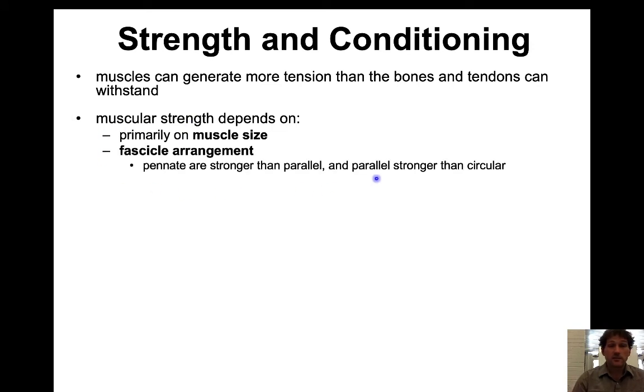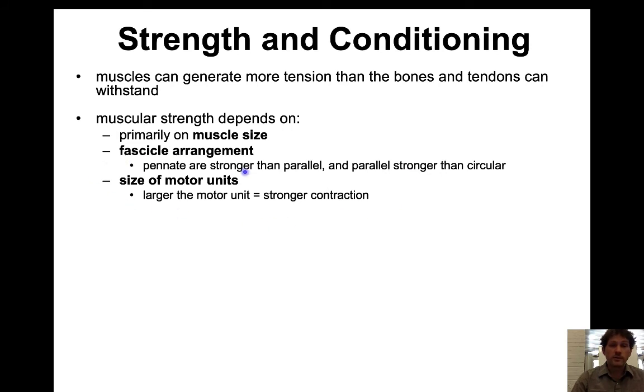The fascicle arrangement. So if you remember back to those muscle architectures, pennate versus fusiform versus circular muscles, the way those fascicles are arranged is going to affect our muscle strength.